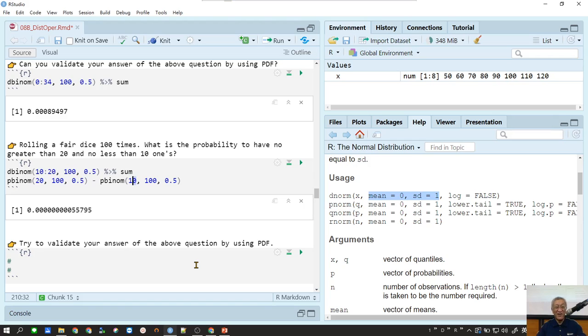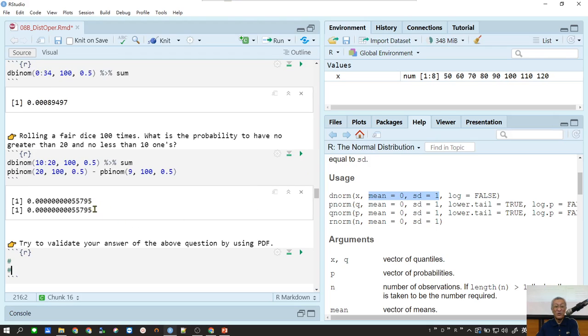Yeah, it should be 9, right? So you need to be careful about the boundary condition, right? Including 10 and 20, right? So if you use 10 here, you will exclude 10. Right?